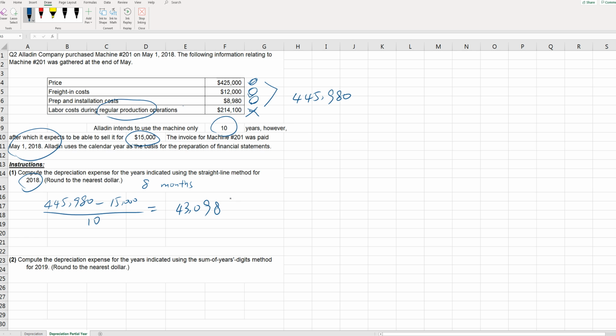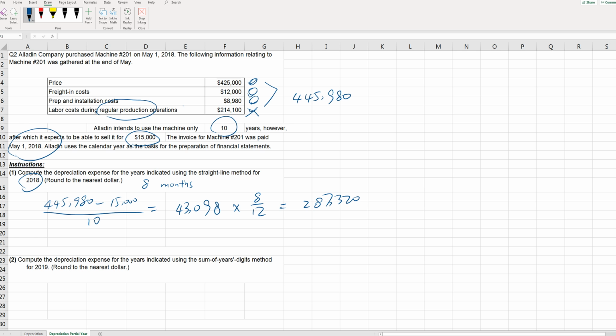So $43,098 for a full year, and for 2018 we can apply an 8 months fraction, and it's going to give us $287,320 for 2018 depreciation expense. All right.